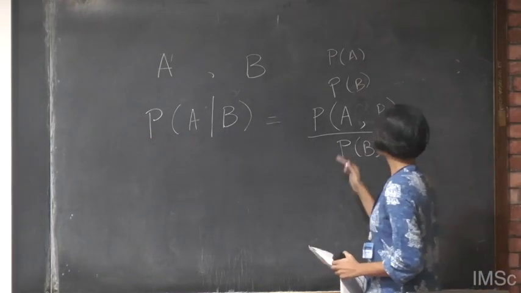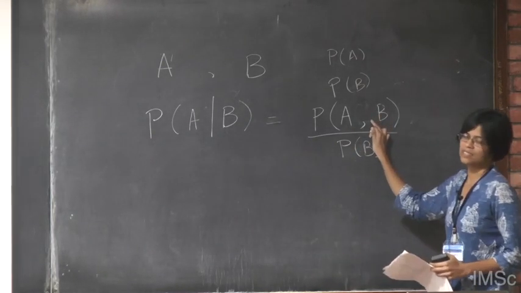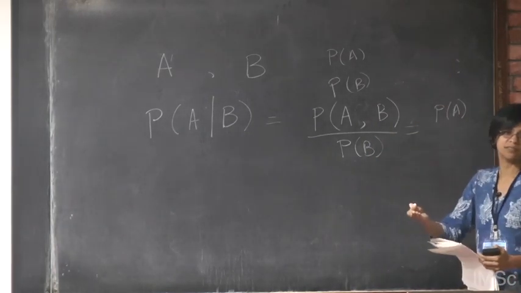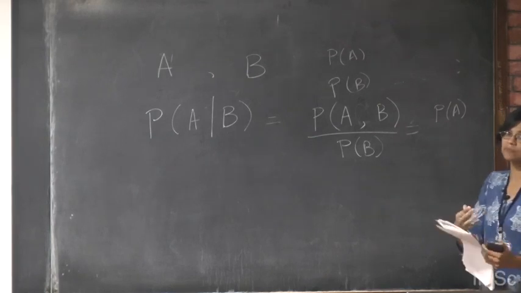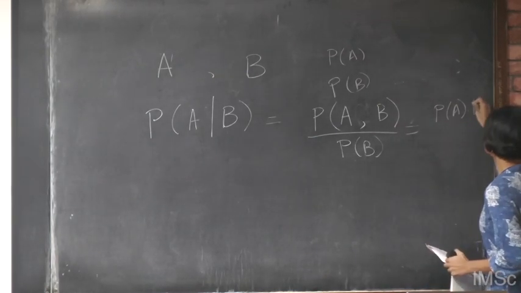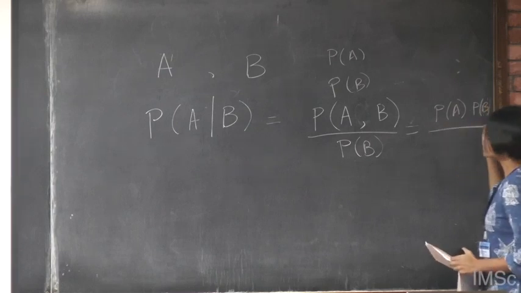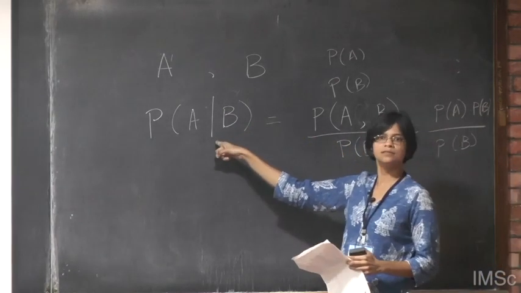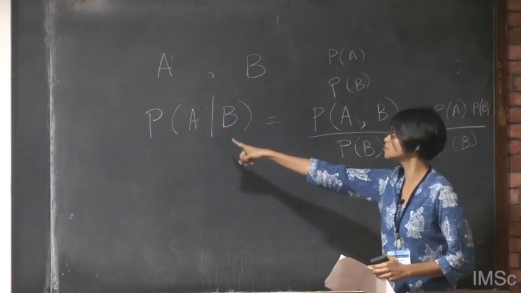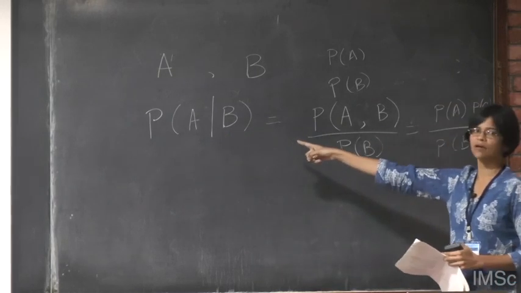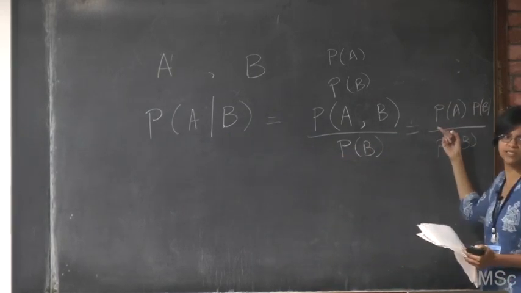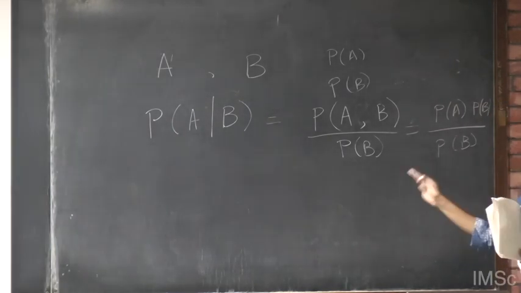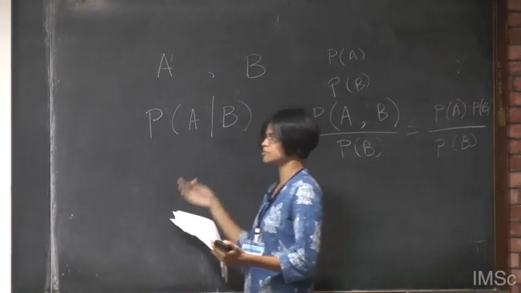So if that happens, then the probability of A and B happening is equal to the probability that A happens times the probability that B happens. When you have independent events and both are happening, it's just a product of them, divided by the probability of B. Which means the probability that A happens given that B happens is the same as the probability that A happens, because it is independent of B. So this is essentially a little bit about conditional probability.